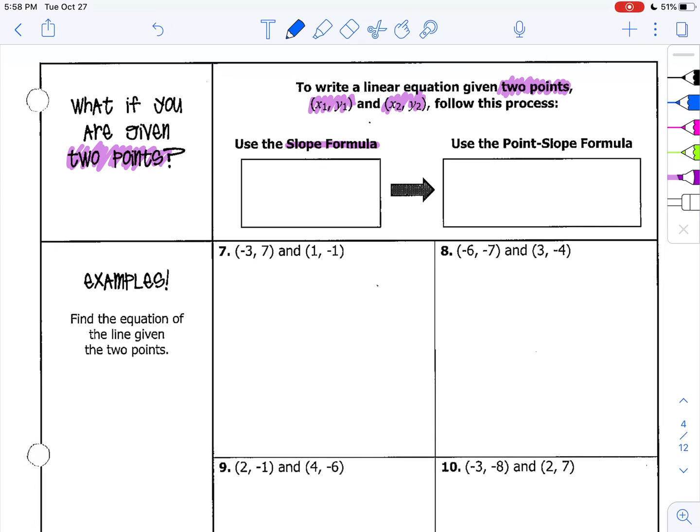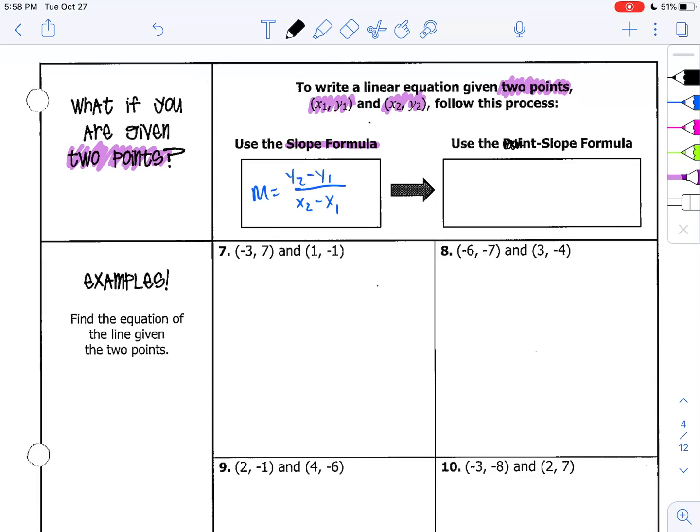We will be using the slope formula to solve these problems. Your slope formula is m equals y2 minus y1 over x2 minus x1. Then we're going to be using that formula and then using the slope-intercept formula.